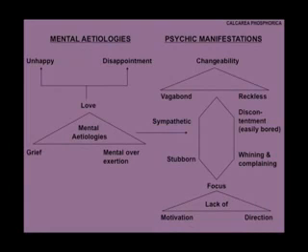And here on the left hand side, you find the mental etiology where you see unhappiness, you see grief, and as a consequence of that, we have the manifestation. The manifestation on 3 things I will give emphasis: number 1, lack of focus and lack of direction, number 2, vagabond, and number 3, reckless.